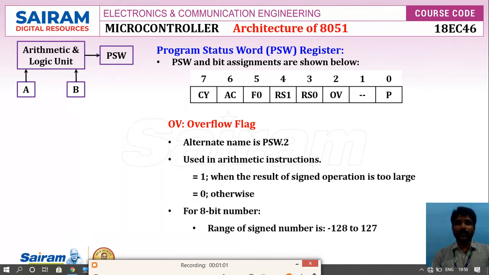For an 8-bit number, the range of a signed number is -128 to +127. That means only 7 bits represent the magnitude and the MSB represents the sign. If it is 0, positive, and if it is 1, negative. If it is unsigned, all 8 bits represent magnitude, I mean 8 zeros to 8 ones. So in decimal it is 0 to 255.